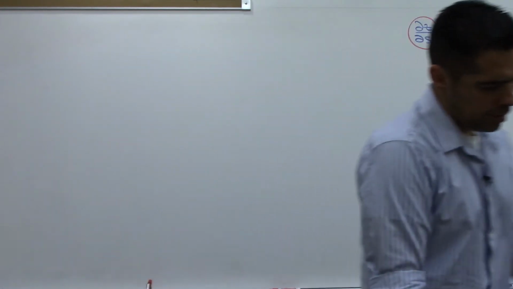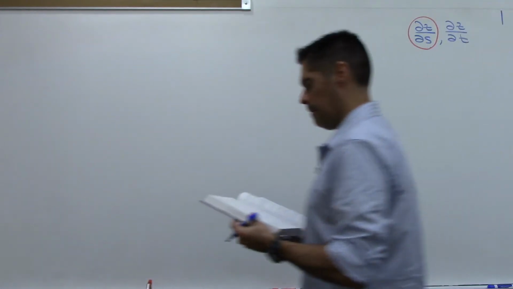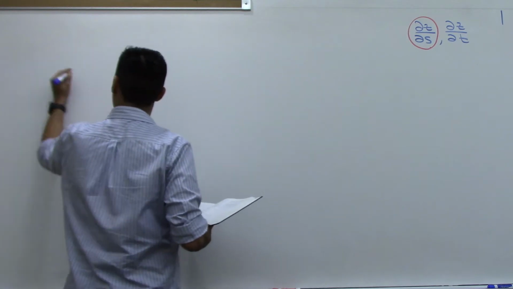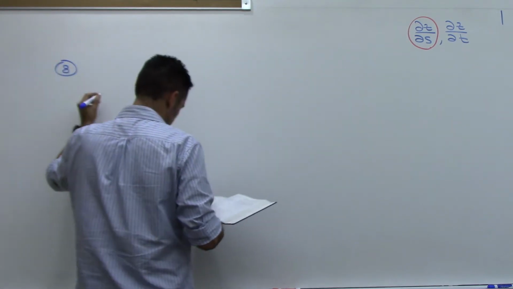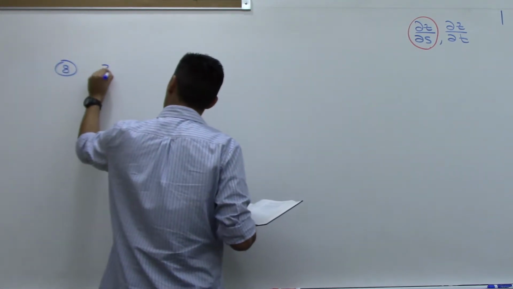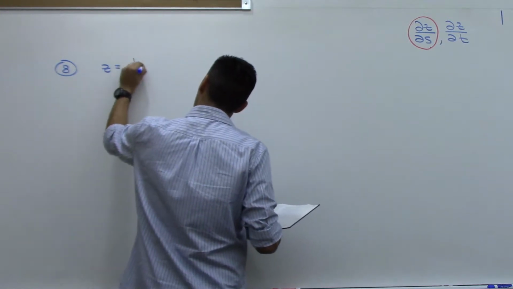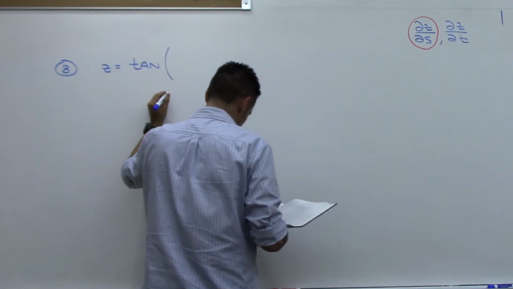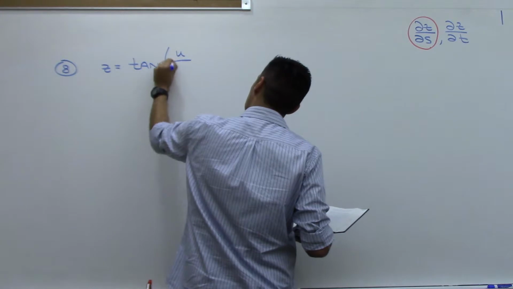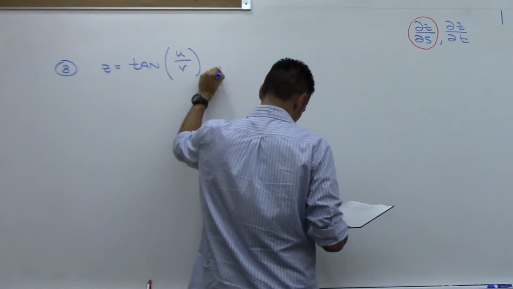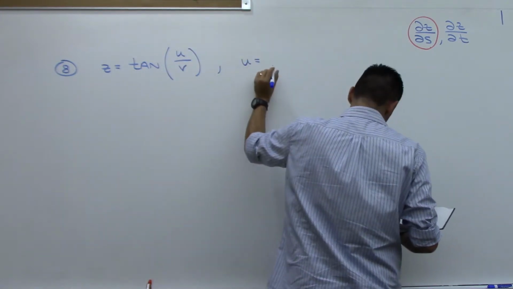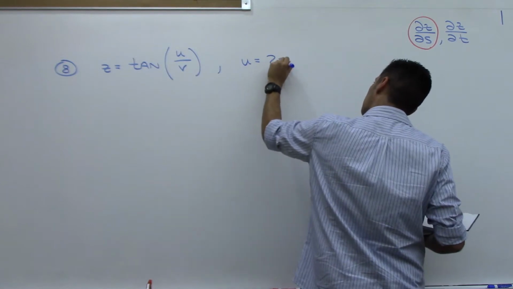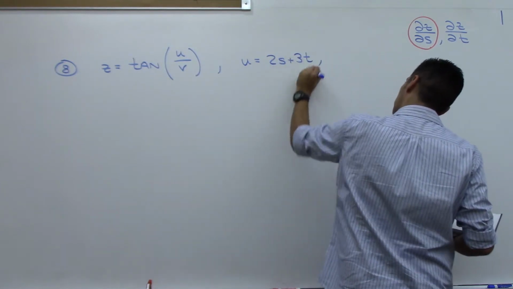Where is number 8? Number 8. Z is tangent of u over v. U is equal to 2s plus 3t.